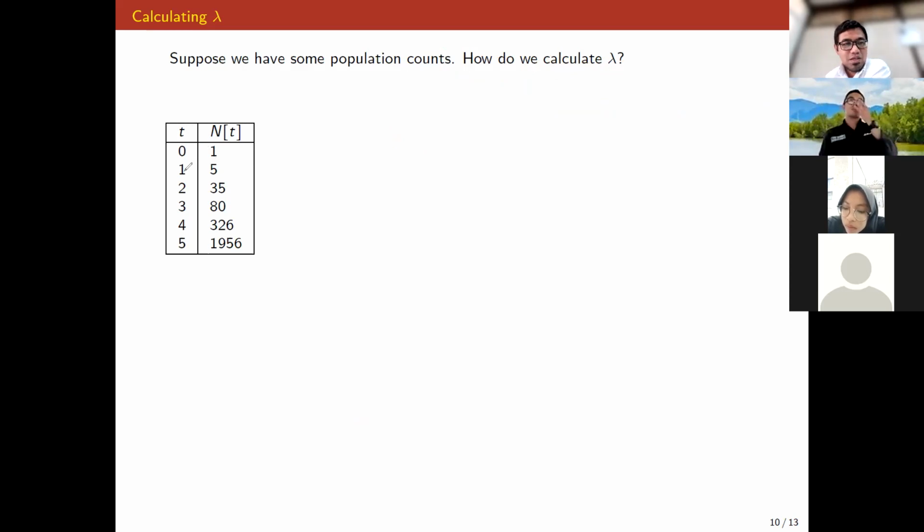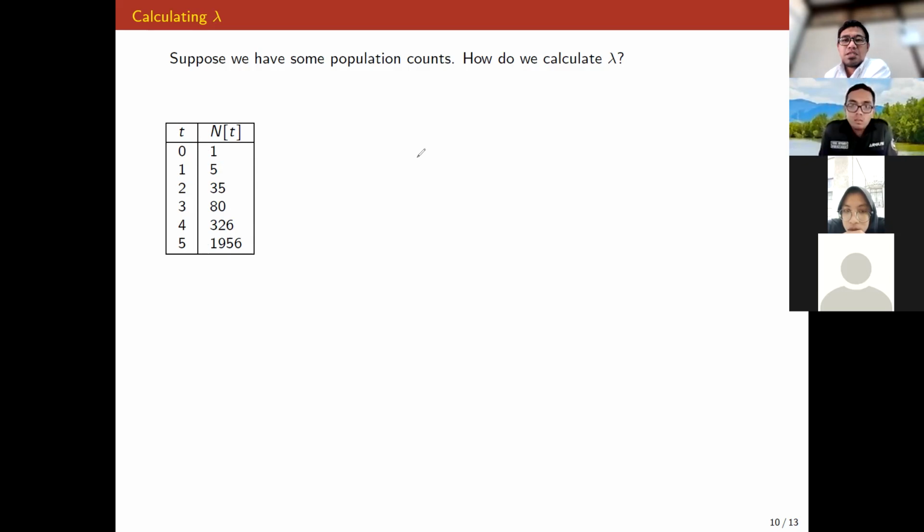Then at time t equal to 1, we have 5. Maybe t can be days, months, or years. At time 2, we have 35, and so on. This is the data. If we have this data, how can we calculate lambda in this case?